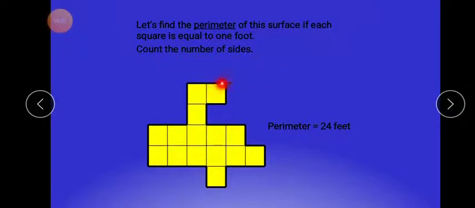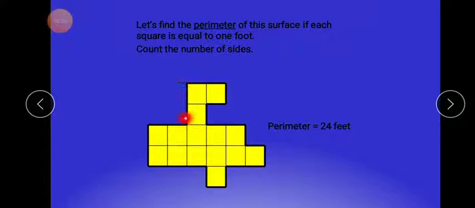For example, let's start from here. 1, 2, 3, 4, 5, 6, 7, 8, 9, 10, 11, 12, 13, 14, 15, 16, 17, 18, 19, 20, 21, 22, 23 and 24.